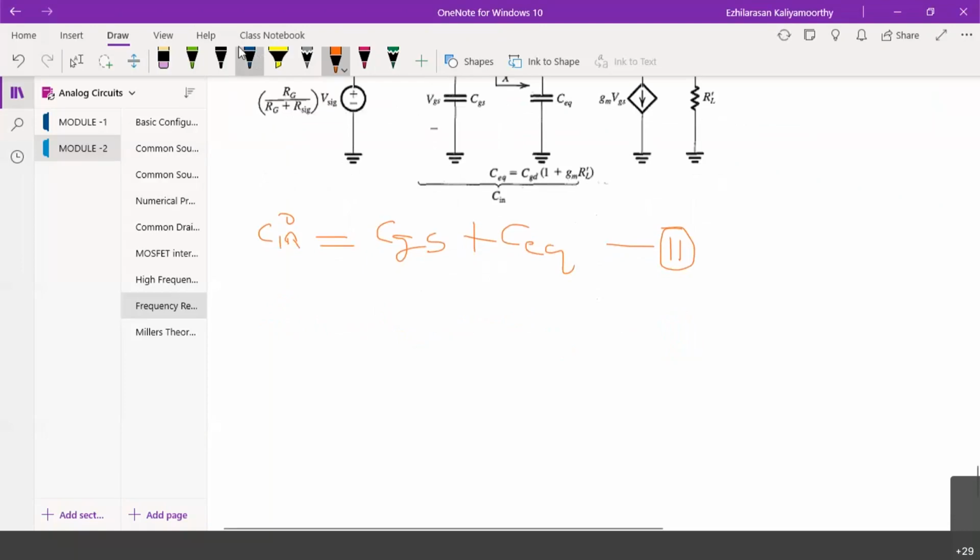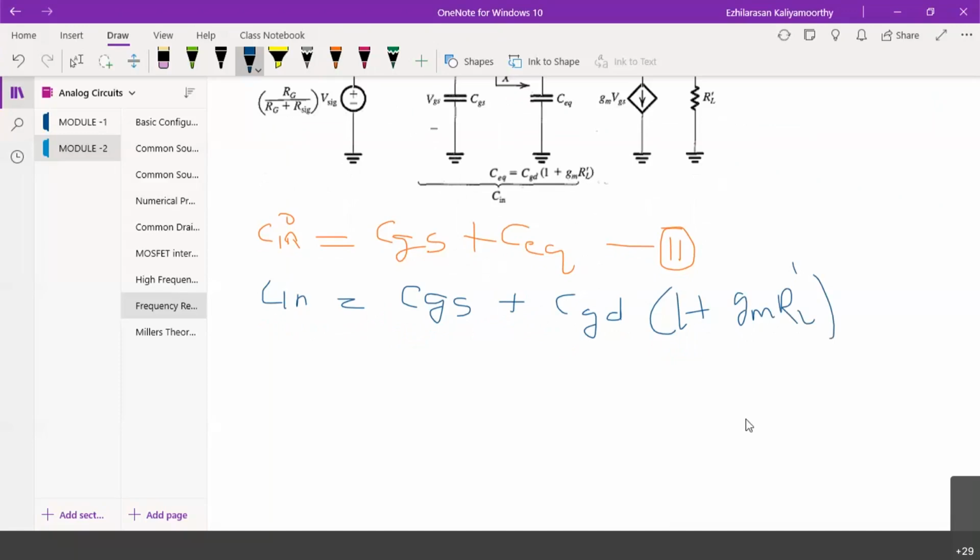Now the Cin is equal to CGS plus C equivalent, where C equivalent is CGD into 1 plus gm RL dash. Here the gate to source capacitance CGS is normally very small compared to CGD, in the range of femtofarad.